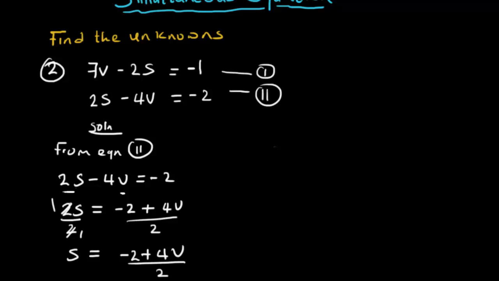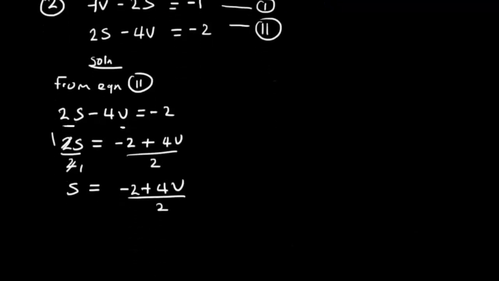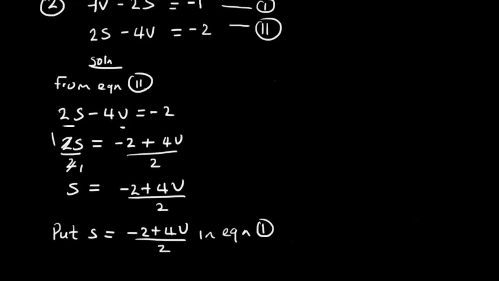Now this is perfect. The next step is to put s equals minus 2 plus 4v all over 2 in equation 1. Can you see? Because we started with equation 2. So remember, you first of all write the equation.